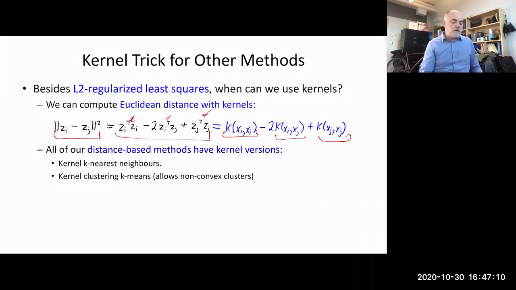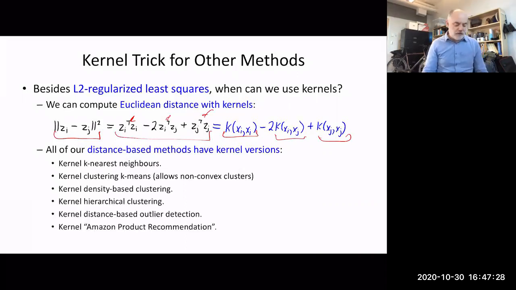Then we can compute Euclidean distances using kernels, or kernelized versions of Euclidean distances. That means all of our distance-based methods have kernelized versions: kernel k-means, k-nearest neighbors, kernel density clustering, kernel hierarchical clustering.